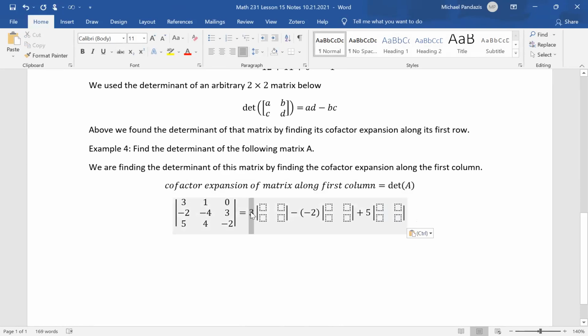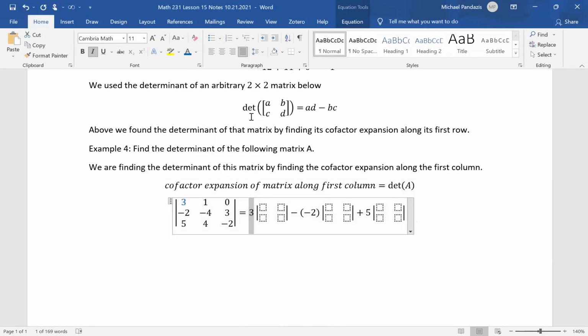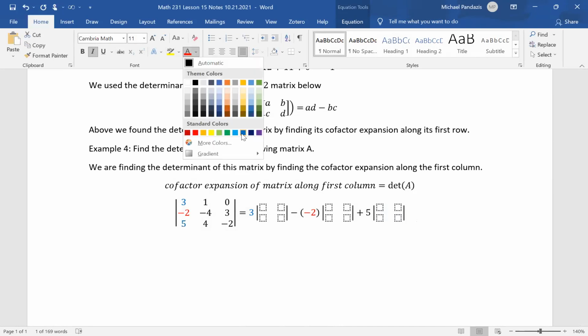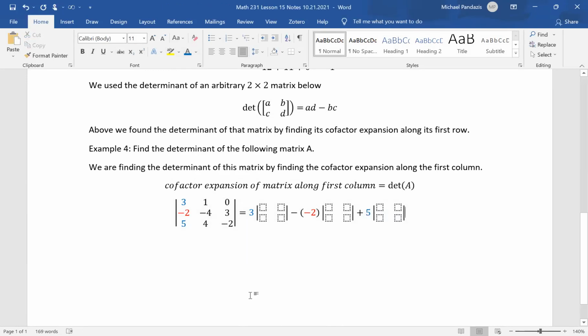This entry here in blue is the same as this one. This entry, in red, we take the negative of that term. And this term, in blue again, we take the same value, not its negative.